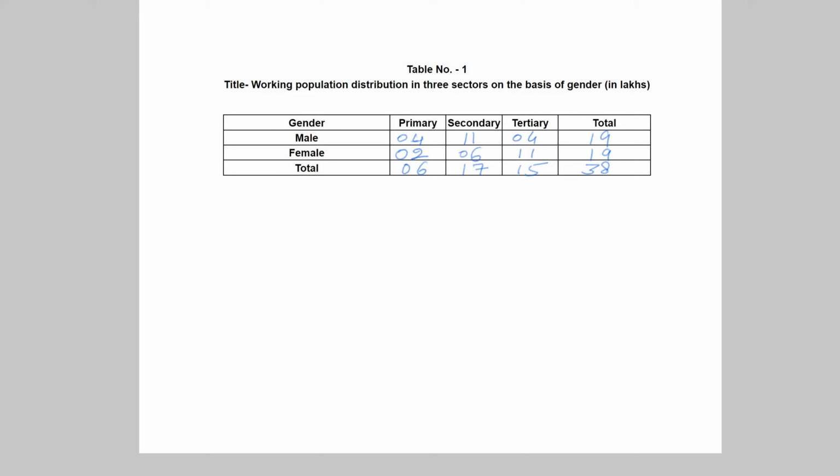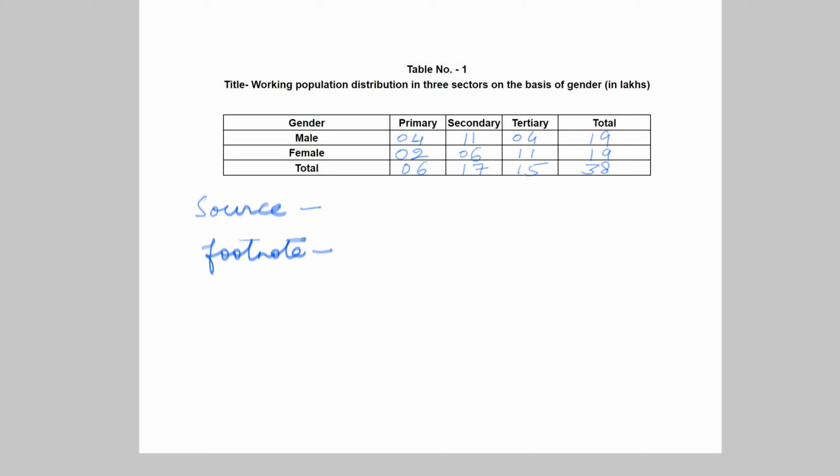The next thing is the source of the data, the source from where that data or that table is taken. And the next thing is the footnote. It is not necessary to mention a footnote. If there is some special characteristic in that data, then you can mark it with an asterisk, or in simple language, a star. You will mark that value with a star, and you will explain that star under the footnote.